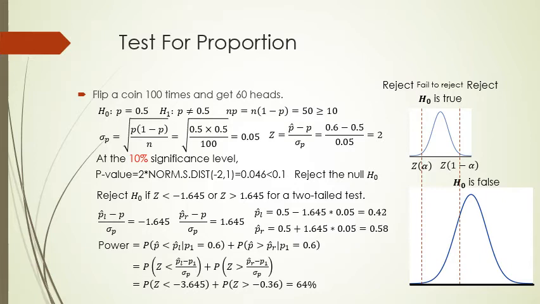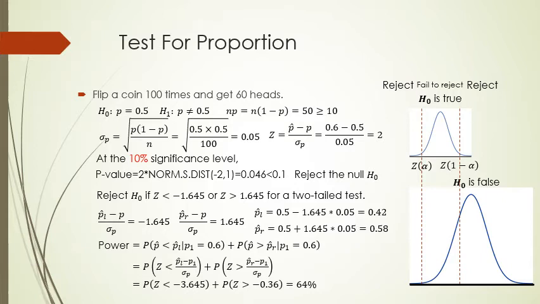The standard error is the square root of P(1 minus P) divided by N, which is 0.05. The test statistic z-score is (P hat minus P) divided by the standard error, which is 2.